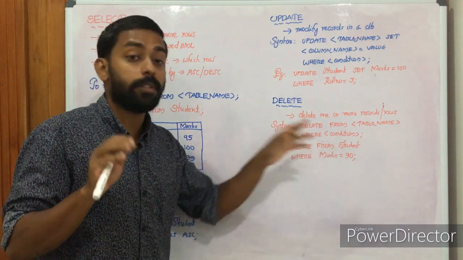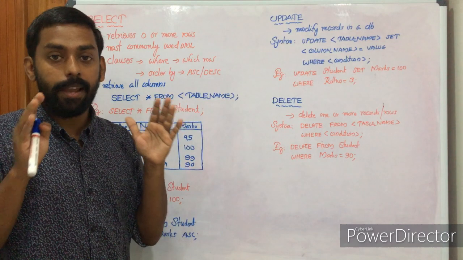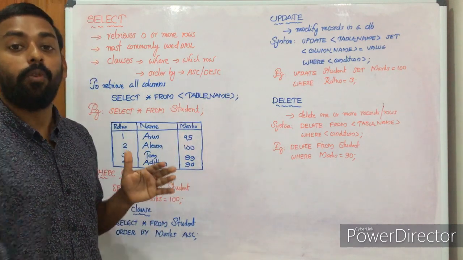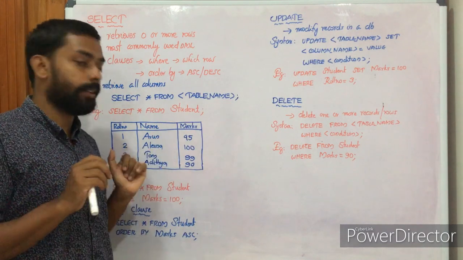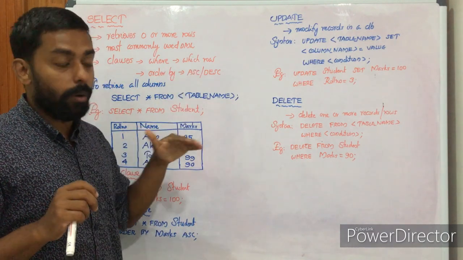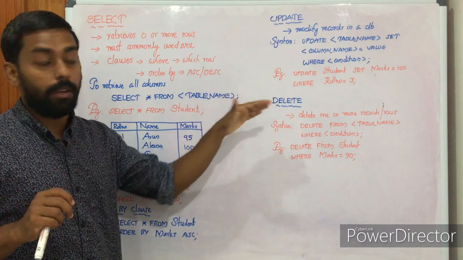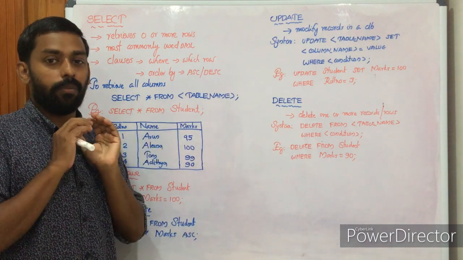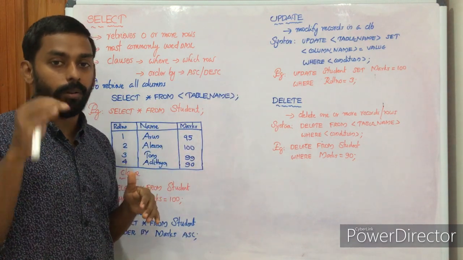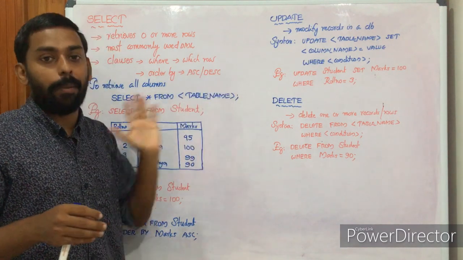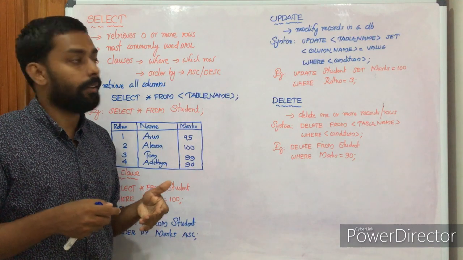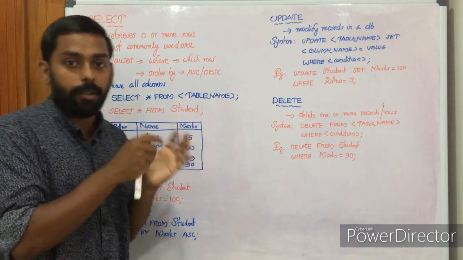The SQL command will delete all the rows from this table. I've already told you we have so many variations of all these commands. It is very lengthy and not in your syllabus, so we are dealing only with the basic commands. Yeah, so let's have a quick revision of all these commands.